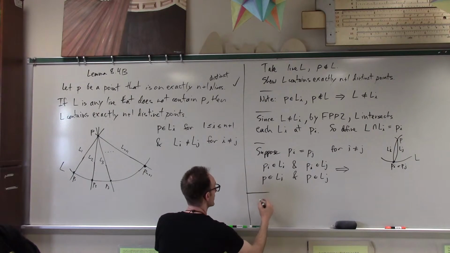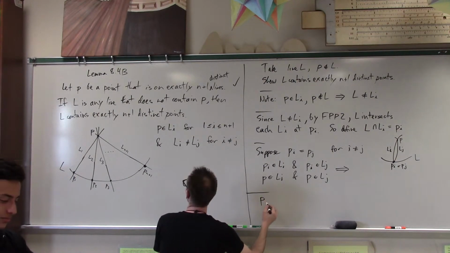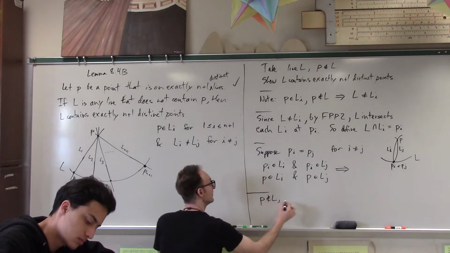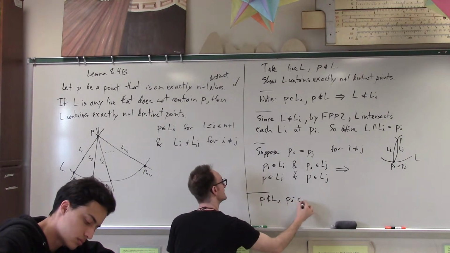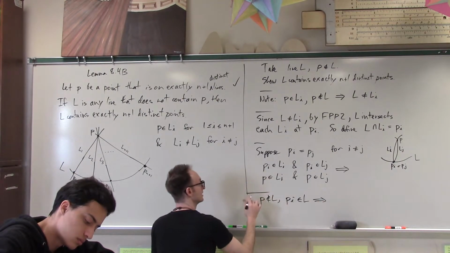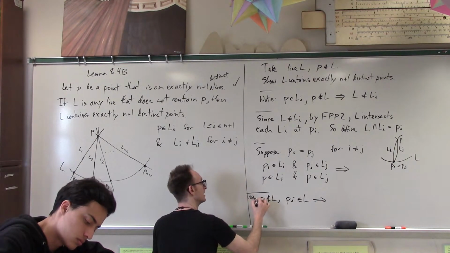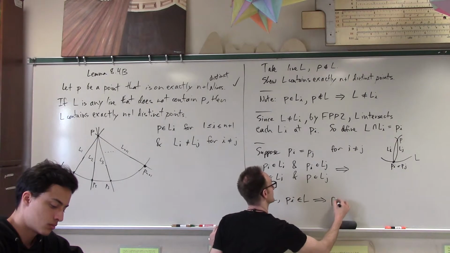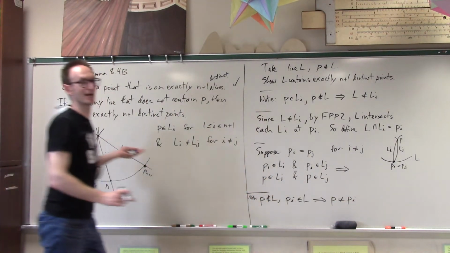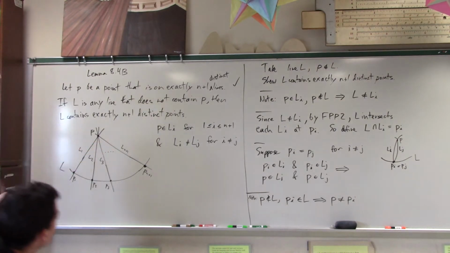So that is right. P is not on L, but each of the P sub i is on L by construction. That means that P is distinct from each of the P sub i, as our picture and common sense suggests, but we've now proven it rigorously.